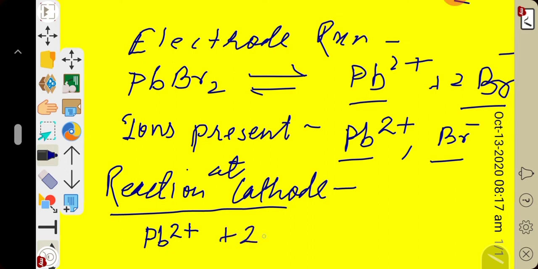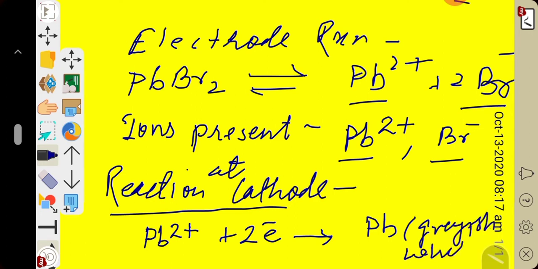Pb2+ will gain 2 electrons to form Pb metal, which is a grayish white color. Now Pb will deposit at the cathode. You can see the grayish white metal, lead, is formed on the cathode.